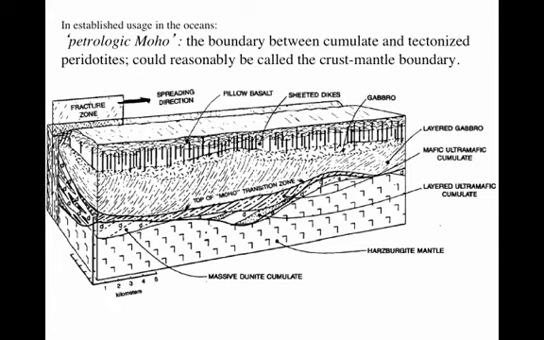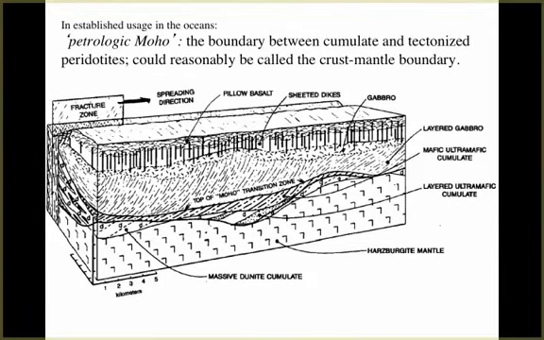If you're a petrologist, then the difference is simply the change from the mafic lower crust, in this case oceanic crust again, to the rocks beneath.